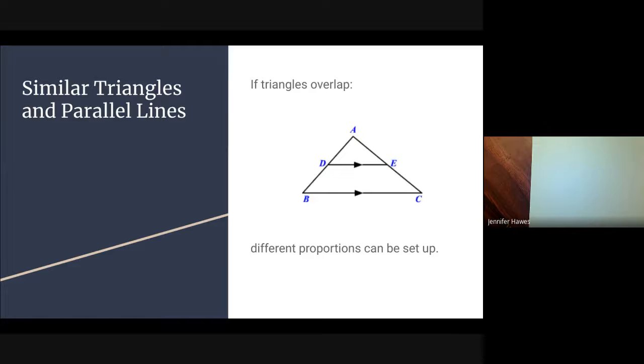It's only if you have parallel lines, because the angle D in the small triangle and the angle B in the big triangle are the same; they're corresponding angles. And angle E and angle C are the same because they're corresponding angles. All I said was that different proportions can be set up, because that's real vague.